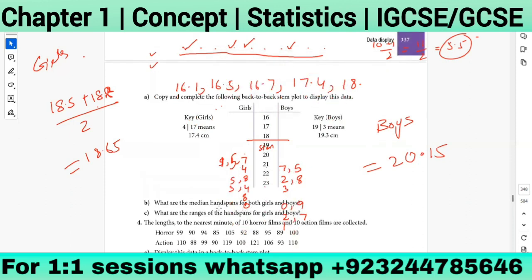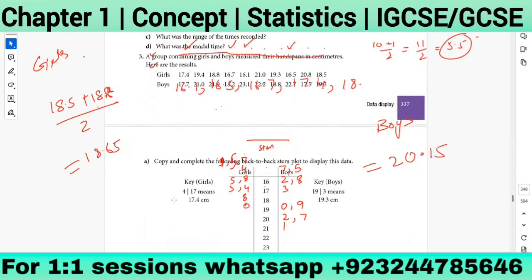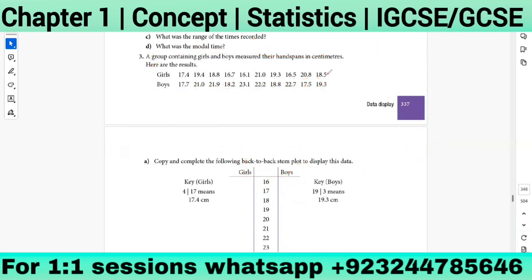Okay, what is the range for both boys and girls? I'm clearing the board. Tell me the range very fast, please. Range for girls and boys both.